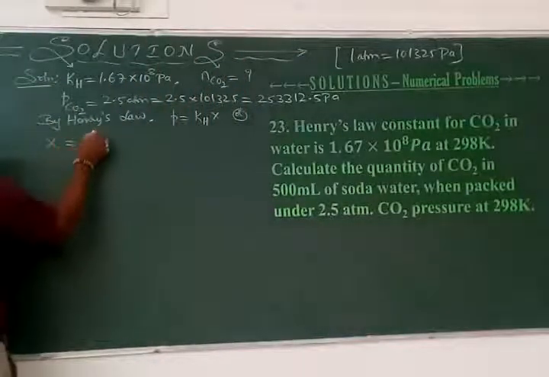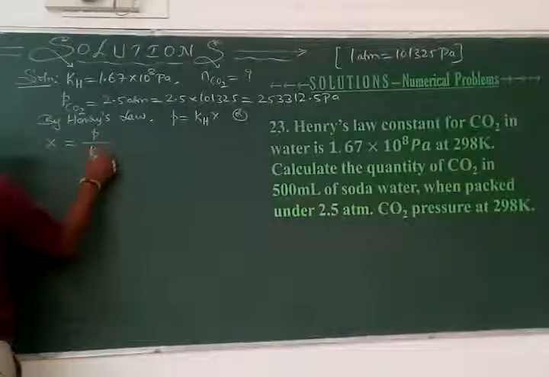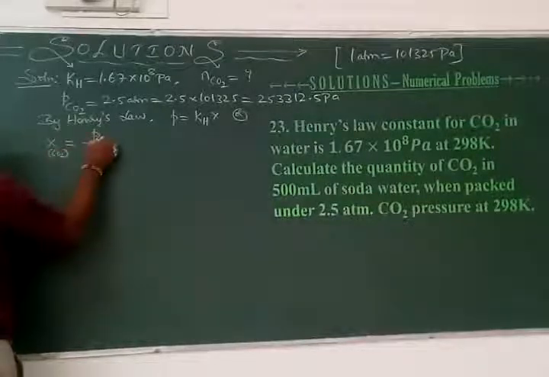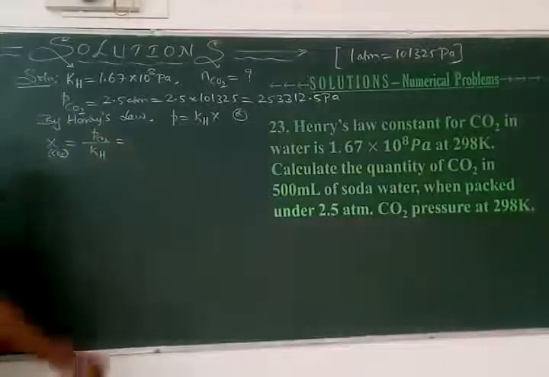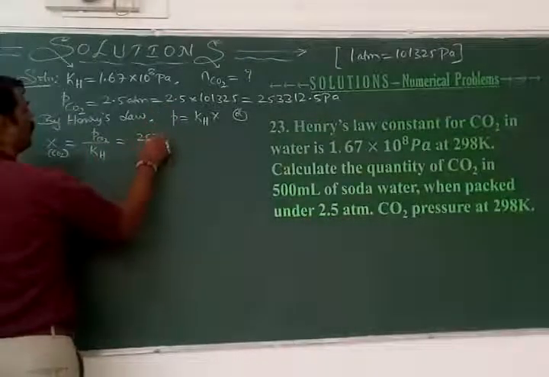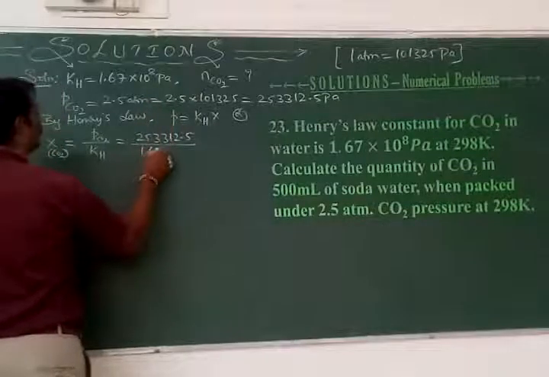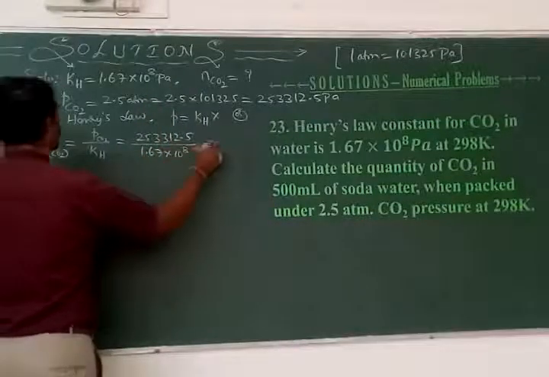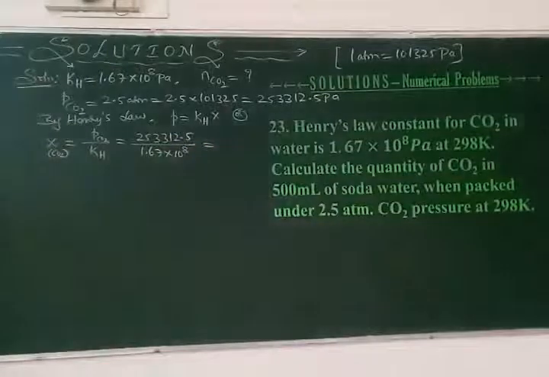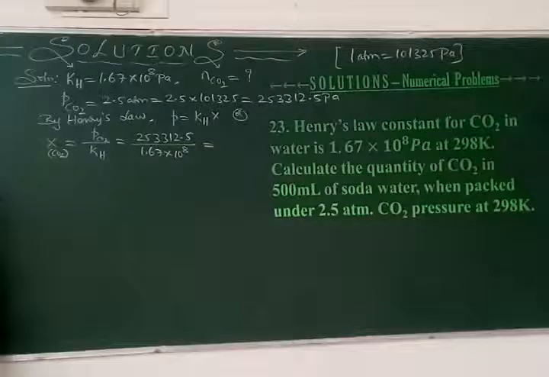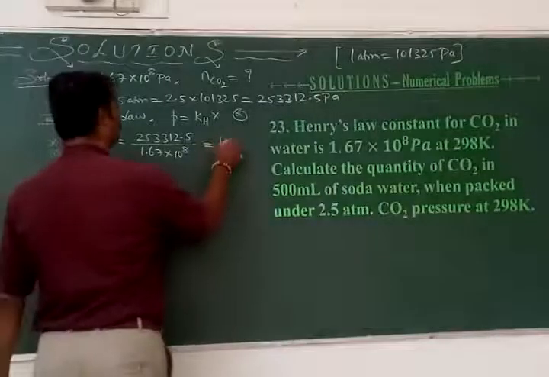X is equal to P by KH. This is for CO2. So it is 253312.5 divided by the KH value given, 1.67 into 10 to the power of 8. On simplification, that is equal to 1.52 into 10 to the power of minus 3.